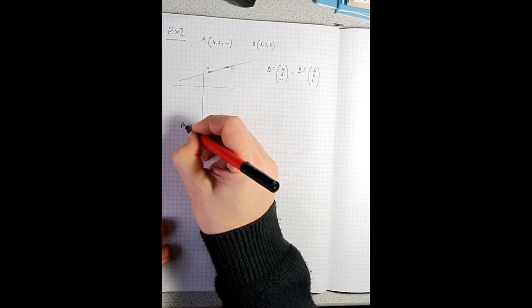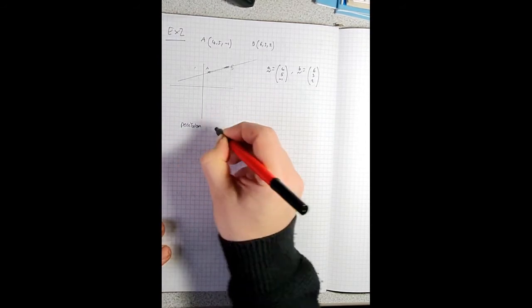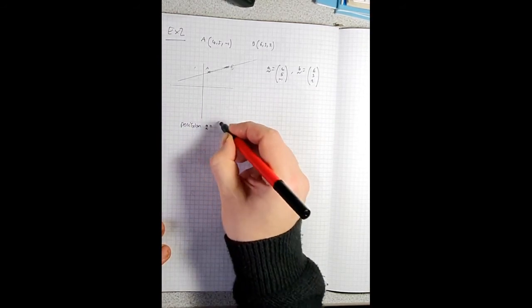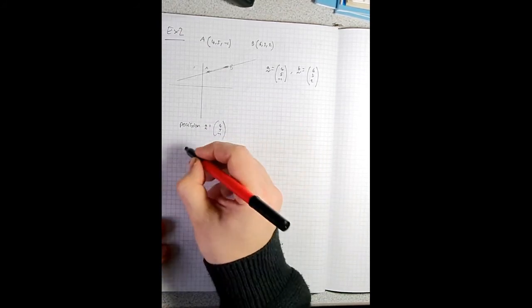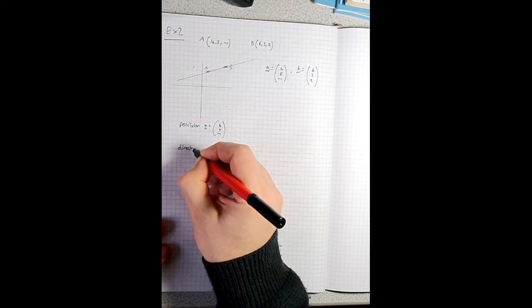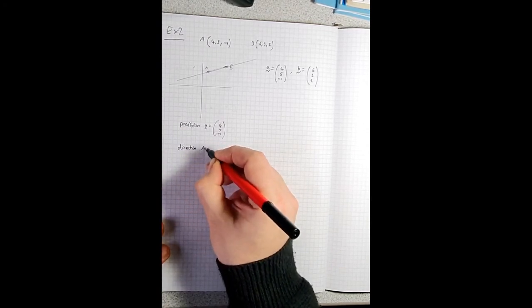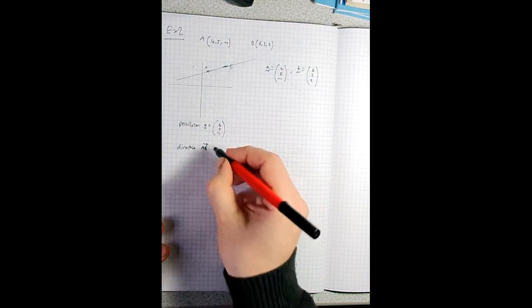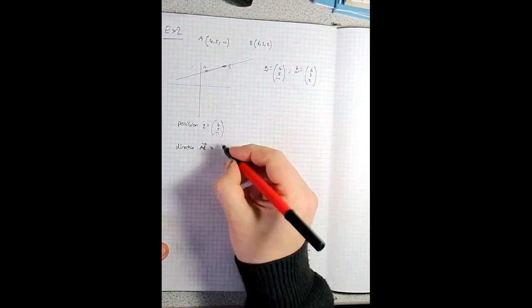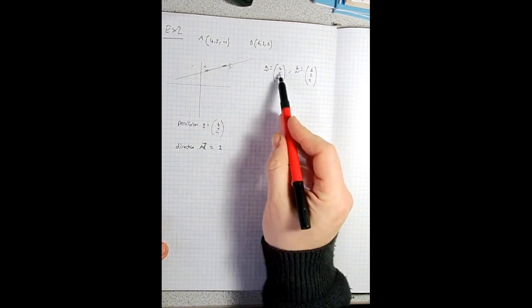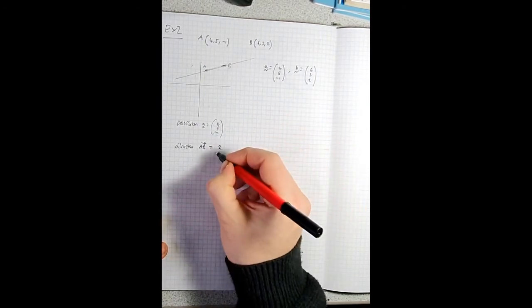So if the position is (4, 5, minus 1), the direction, well, that's vector AB. How do I get from A to B? I can just say, how do I get from 4 to 6? I add on 2. How do I get from 5 to 3? I subtract 2.